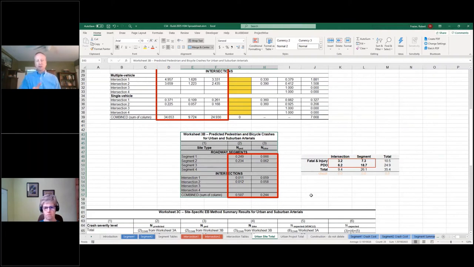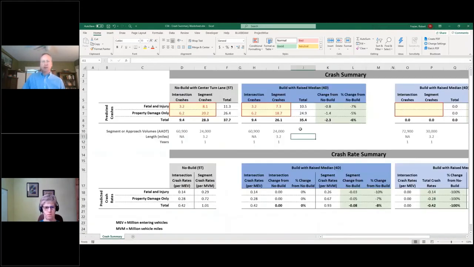If you use this tab for your work, you'll need to add them back in, and they are all assumed to be fatal and injury. There are no PDO ped bike crashes; that's just the way it is calculated right now.